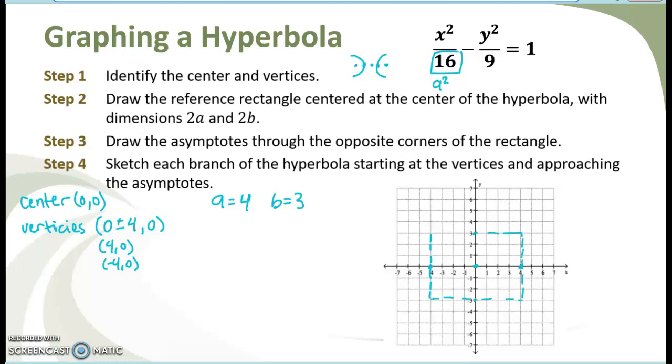I want you to think back on the equation of the asymptotes. For a hyperbola that opens sideways, we end up getting y minus k equals plus or minus b over a times x minus h.